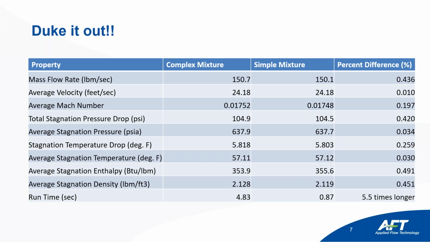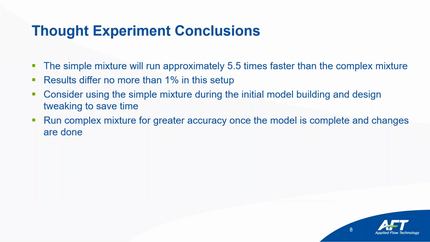The reason for this is every time it needs to do a chemical calculation with the mixture, it's more computationally intensive. So as far as our thought experiment goes, the simple mixture will run 5.5 times faster. The results don't differ more than 1% in this setup. I want to emphasize that it's this setup, but it's still just a thought experiment.